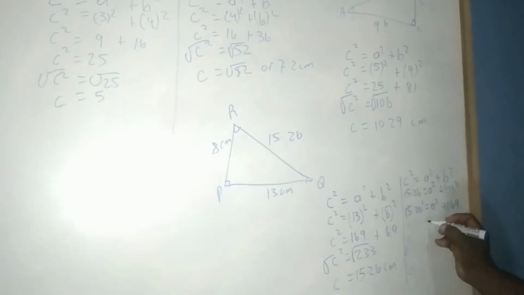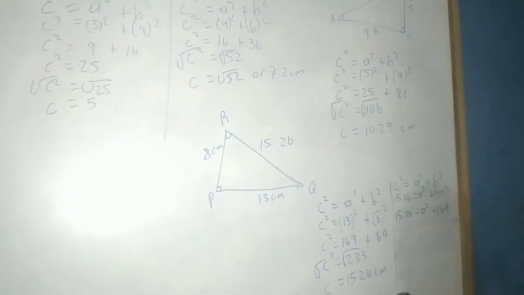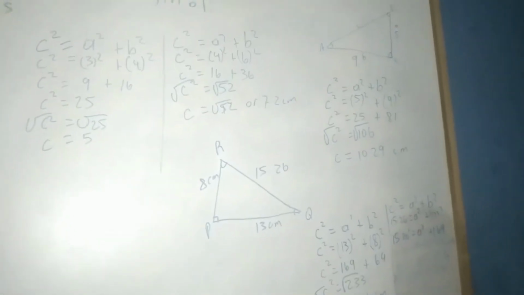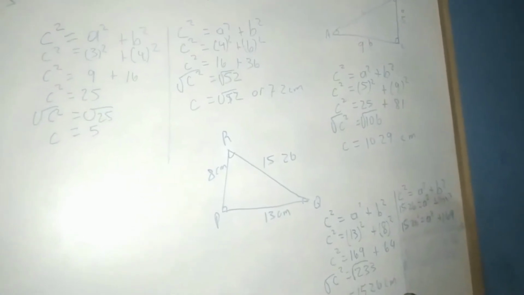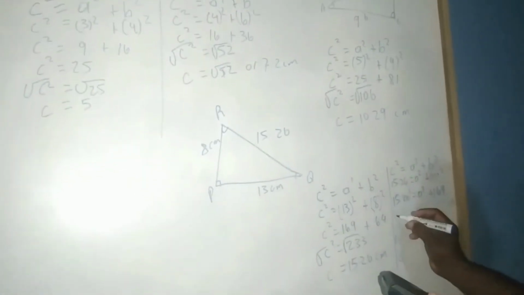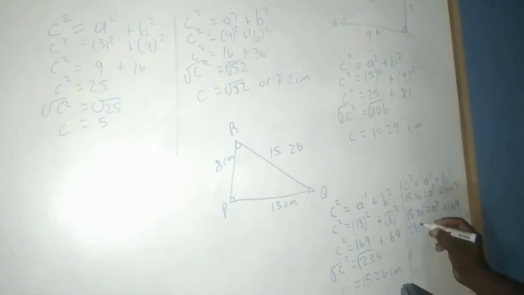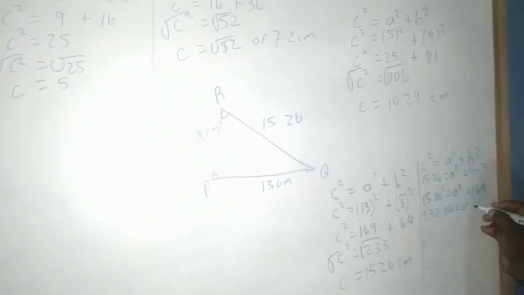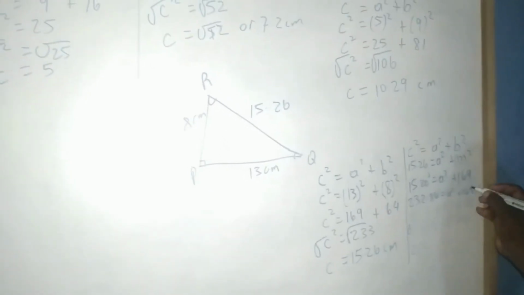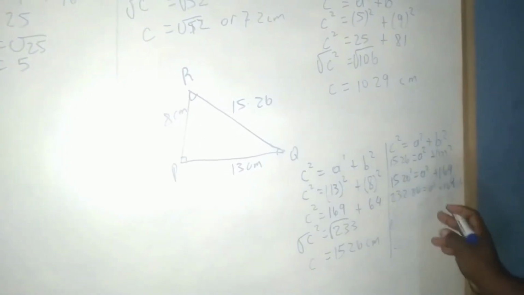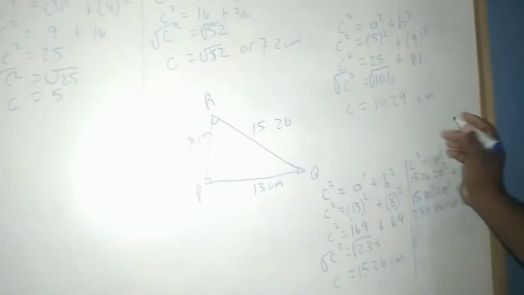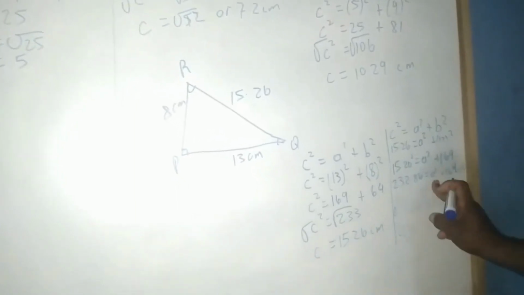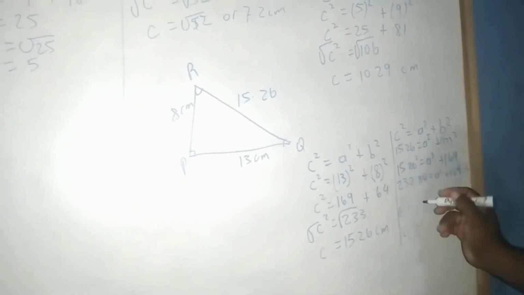Squaring the 15.26, we have 2.86, equal a squared plus 169, alright, and as we're saying, we need to subtract this from this side, carry it over this side, subtract the a squared from this side, and put it over this side.